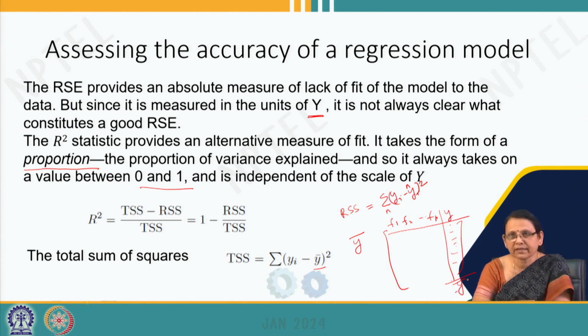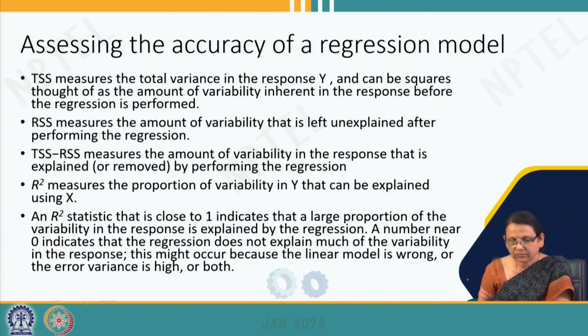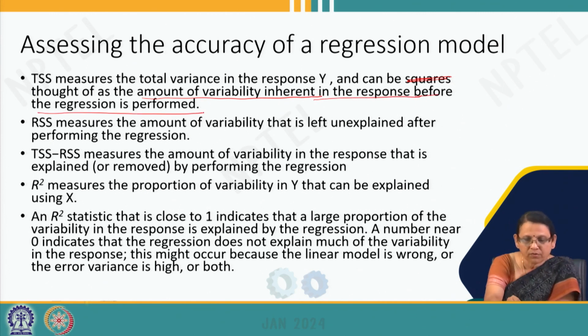So, what does it indicate? It indicates that originally there is a lot of variation in the data. So, that is what it says. TSS measures the total variance in the response y, and can be thought of as the amount of variability inherent in the response before the regression is performed.